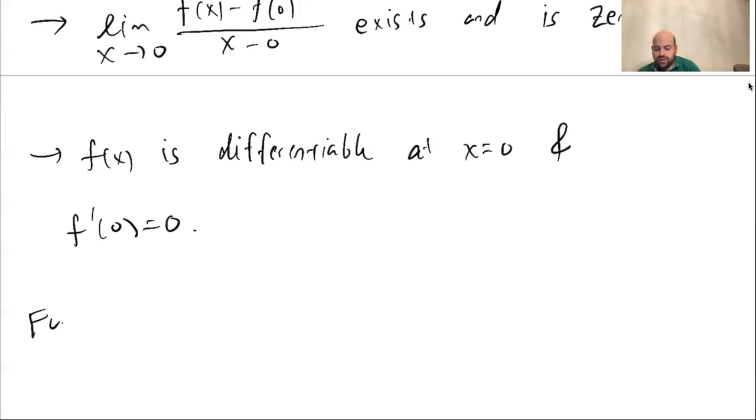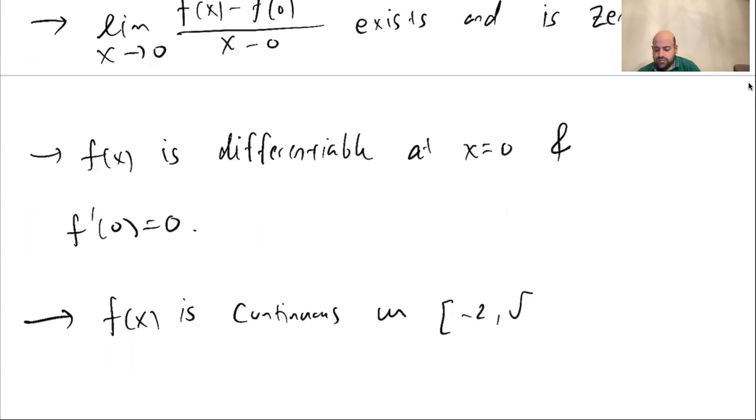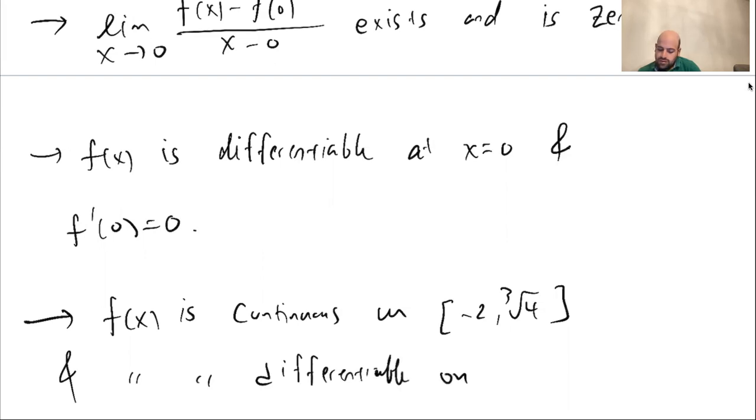Now for that, I can say f of x is continuous on -2 to cube root 4, and f of x is differentiable on this open interval.